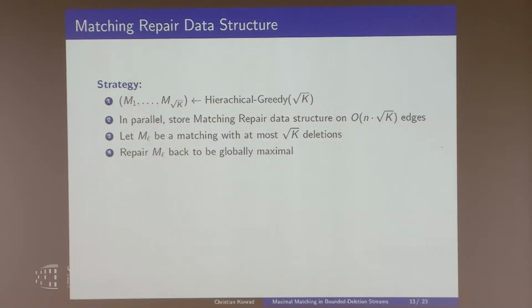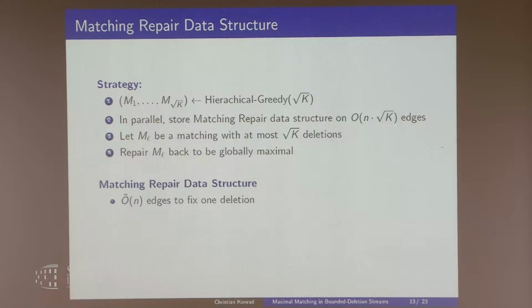Then we pick a matching in this hierarchy that was subject to at most root k deletions. We do this in a post-processing stage. We don't need to do this earlier. Since we know all the deletions, we can pick such a matching. And then we just repair it back to be globally maximal using this matching repair data structure.